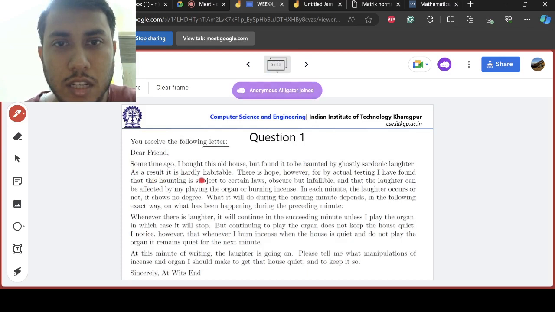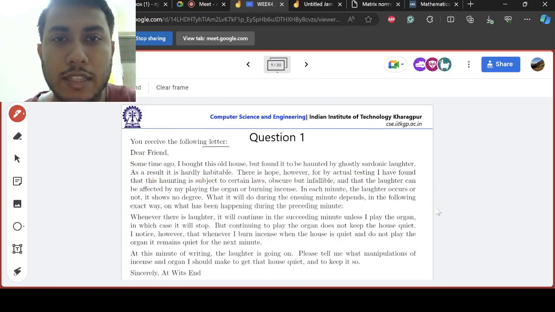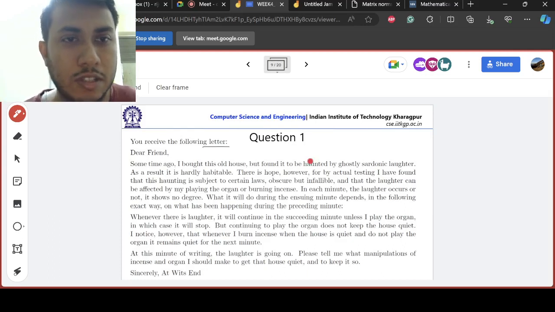If you have problems seeing this, you can directly go to the link and check it. As a result, it is hardly habitable. There is hope, however, for by actual testing I have found out that this haunting is subject to certain laws, obscure but infallible, and the laughter can be affected by the playing of an organ or burning incense.